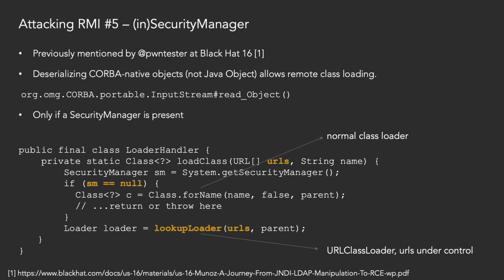There's also the security manager. CORBA has a characteristic, you could say a feature, that you can load a remote class when the input stream deserializes a CORBA native object. A CORBA native object is not a Java object.